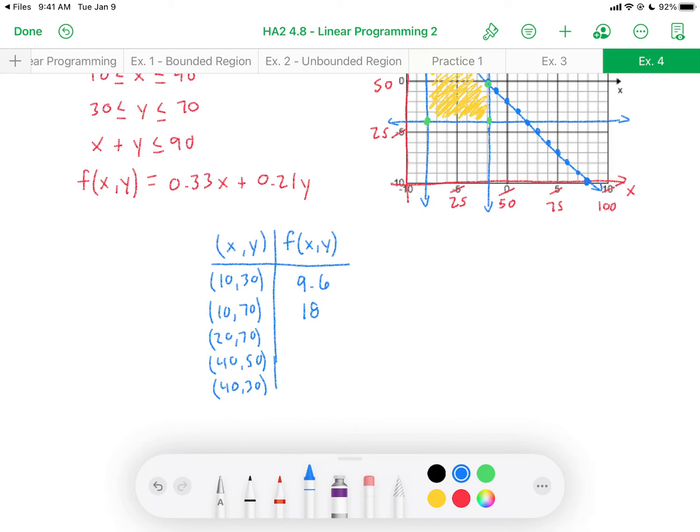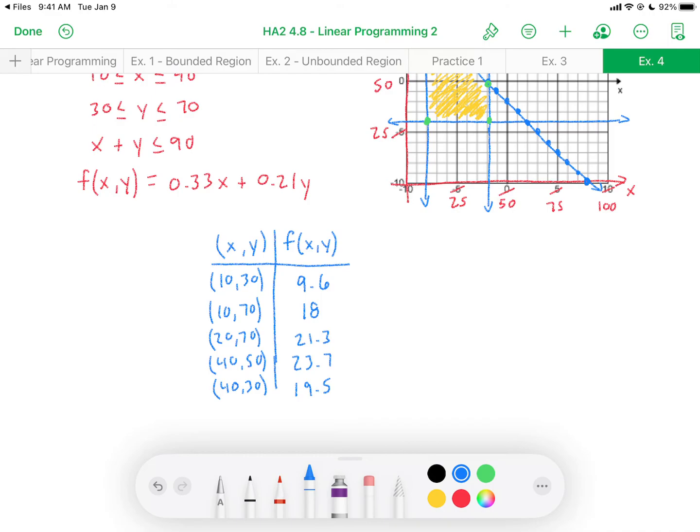A little better. 0.33 times 20 plus 0.21 times 70. $21.30. A little better. 0.33 times 40 plus 0.21 times 50. 23.70.